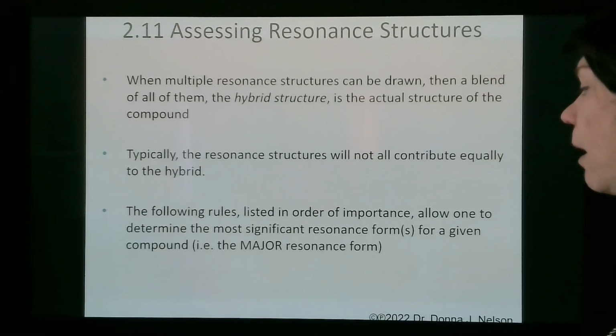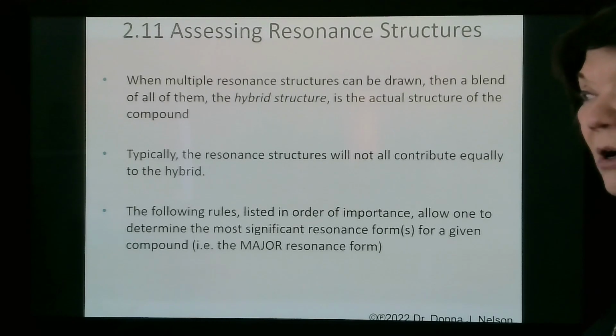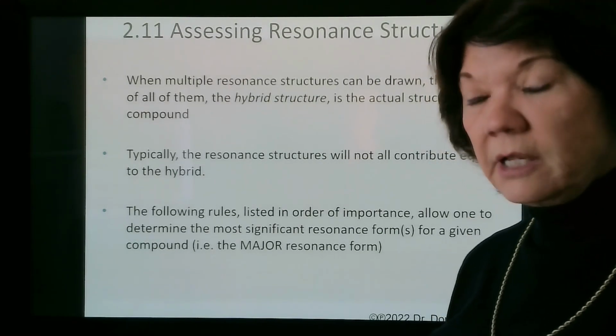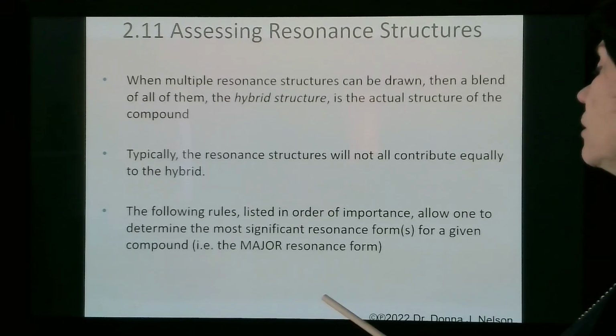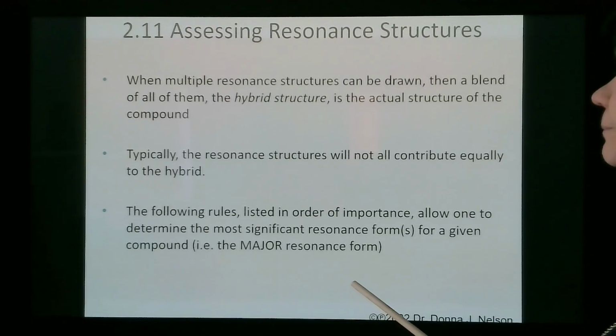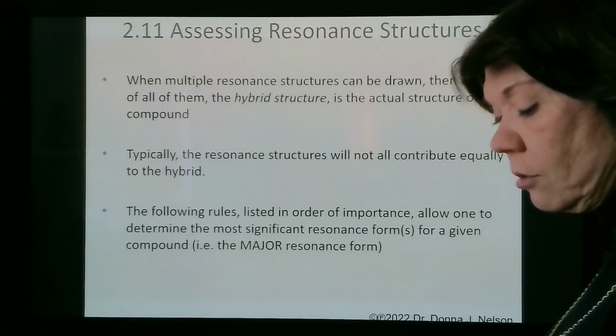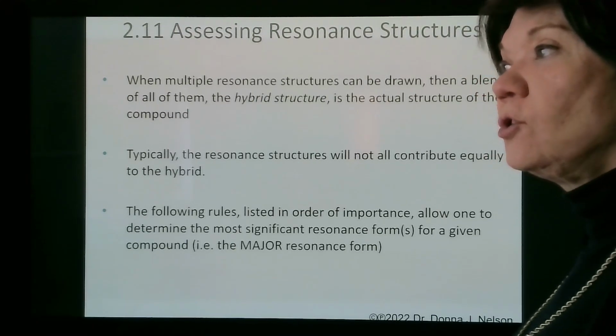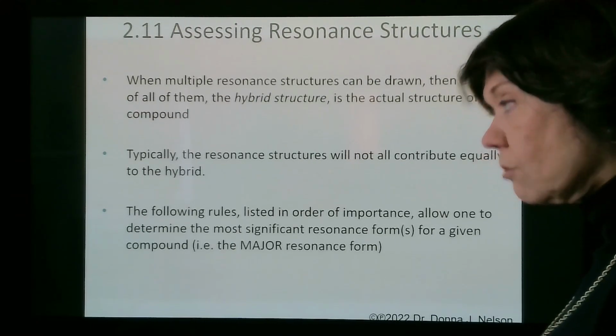But sometimes it's possible to draw a resonance structure that really doesn't contribute much at all, and it can just be totally ignored. Here we're going to discuss how to determine the most significant resonance forms.